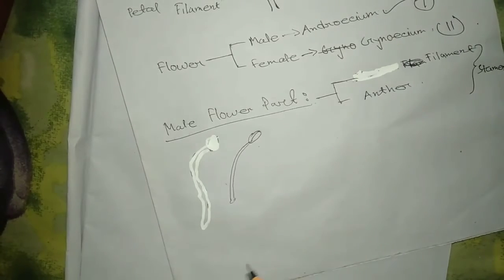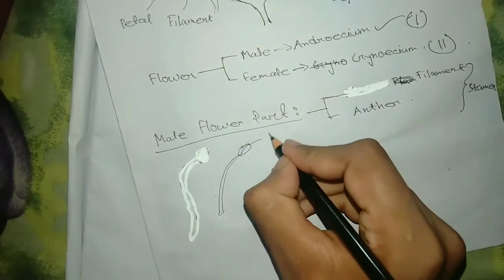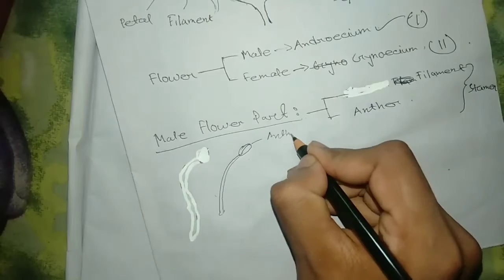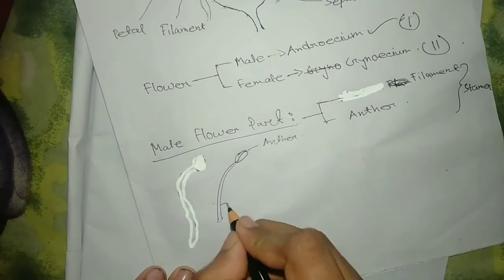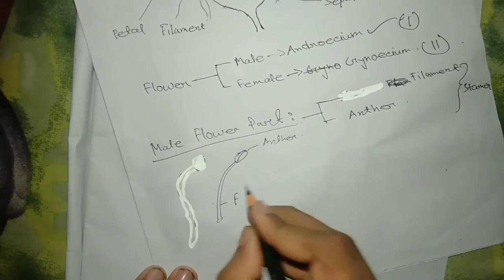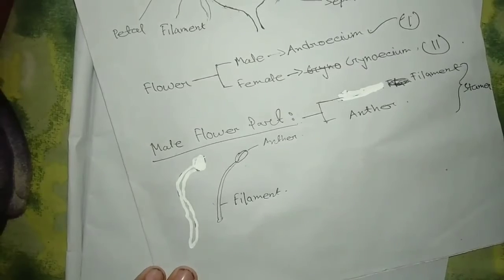This is the male part of a flower. This is the anther and here is the filament.